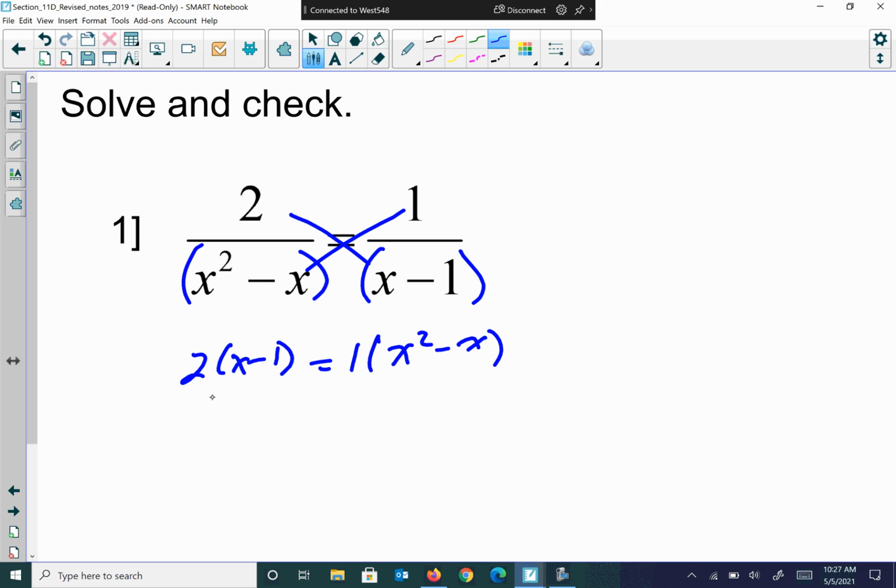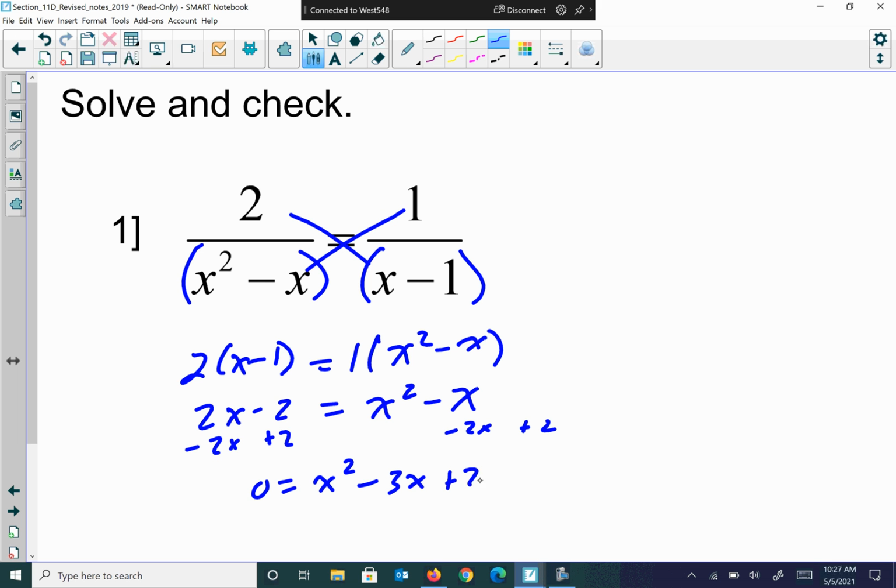And then let's get rid of the parentheses. And let's bring everything over to the right side so we have a positive x squared. So I'm going to subtract 2x, add 2. And so I'm going to get 0 equals x squared minus 3x plus 2.